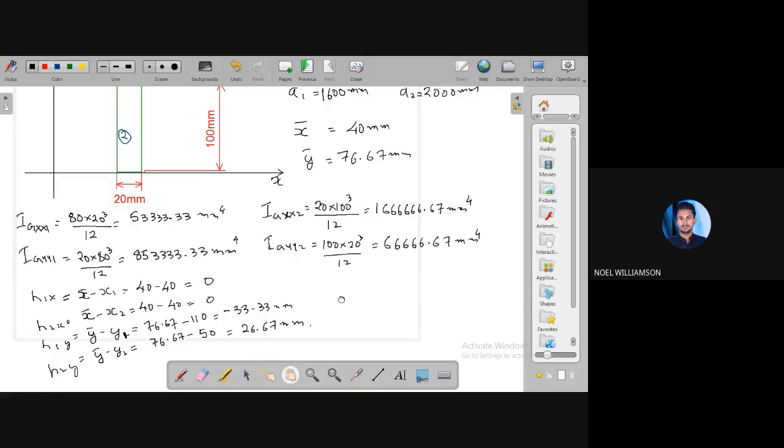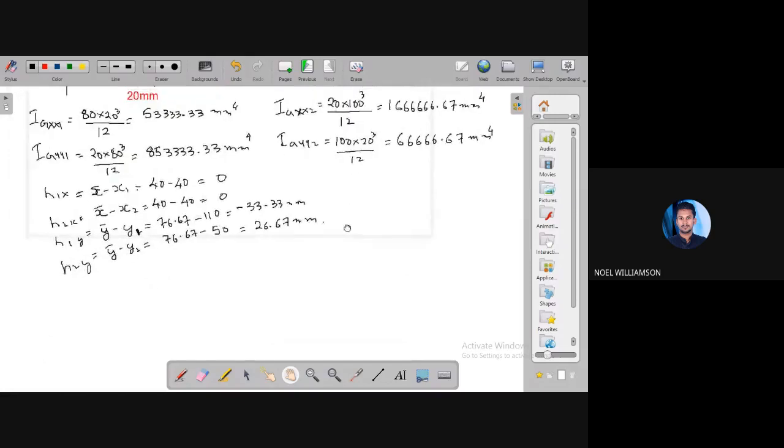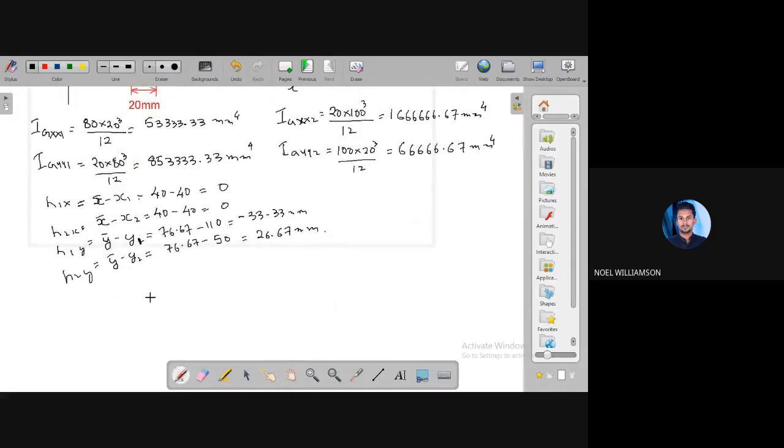After this, you have to put these values into the final relation. So the final relation is IGXX, that is the moment of inertia about the centroidal x-axis, G meaning centroidal. There are two sections, and we are adding the sections.